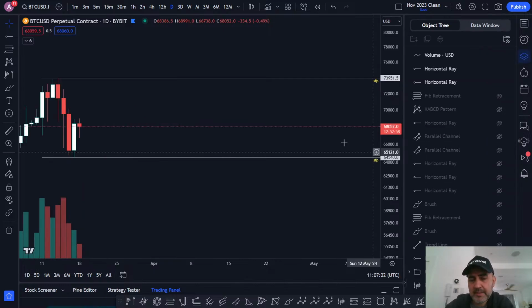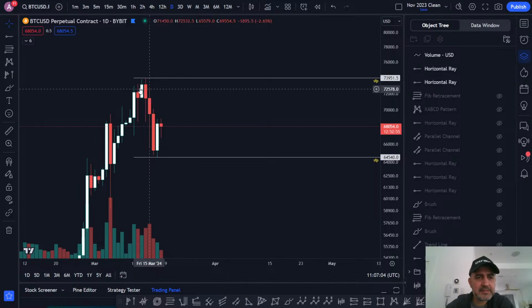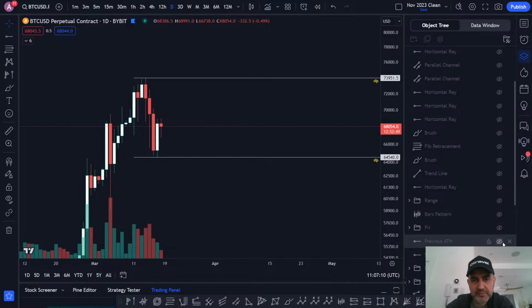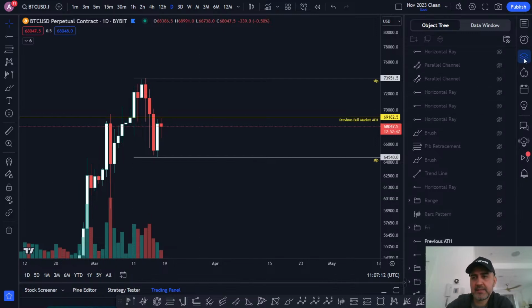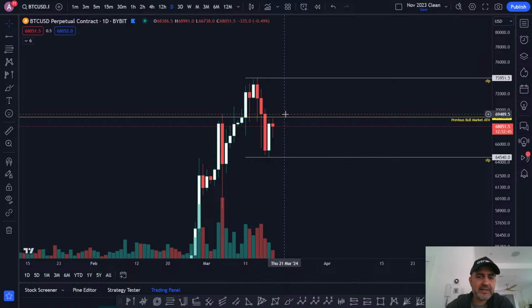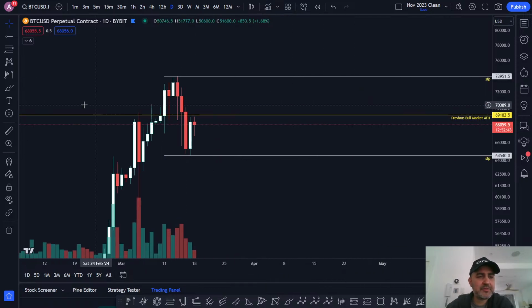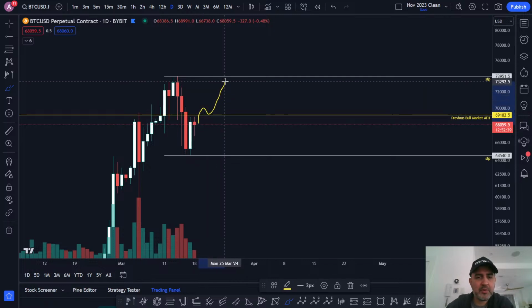Well, at the moment the resistance is the all-time high, and potentially you could argue that the resistance is the previous all-time high. But I think the problem is that we're still range bound. So even if we get bullish as we come back above there and go up, it doesn't necessarily mean the price isn't going to come right back down.